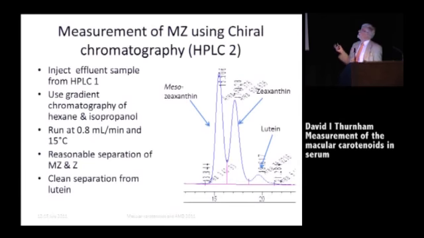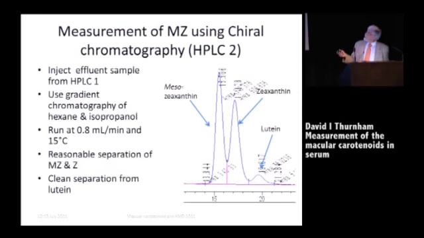Because what we do with these two compounds is we work out the proportion of each isomer in the total eluting fraction. Now, we've quantified the total amount of mixed isomers in the first part of the analysis. So using the proportions we obtained from the second analysis, we can determine the concentrations of the individual zeaxanthin and mesozeaxanthin.